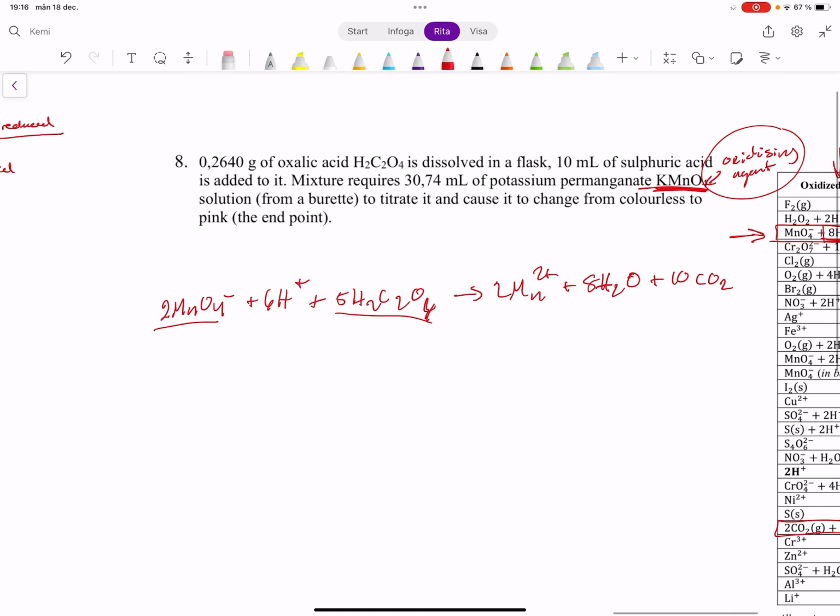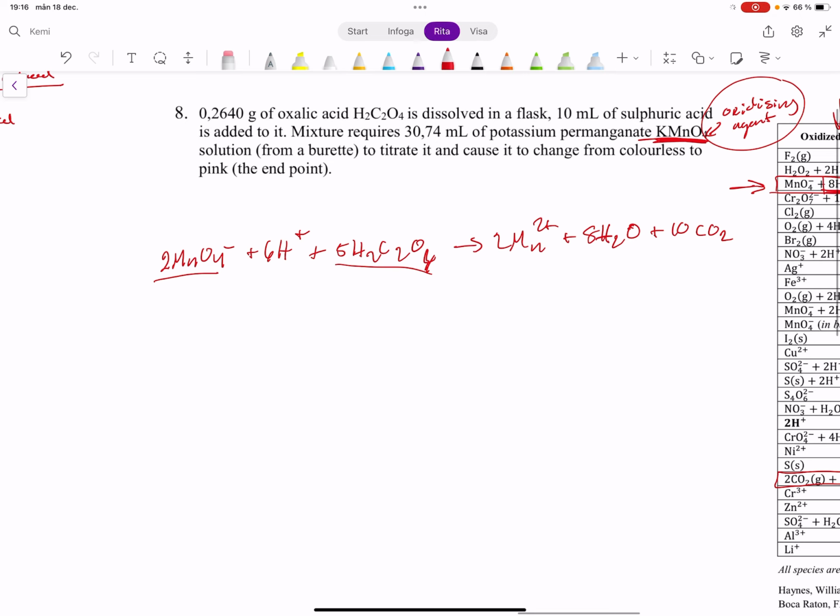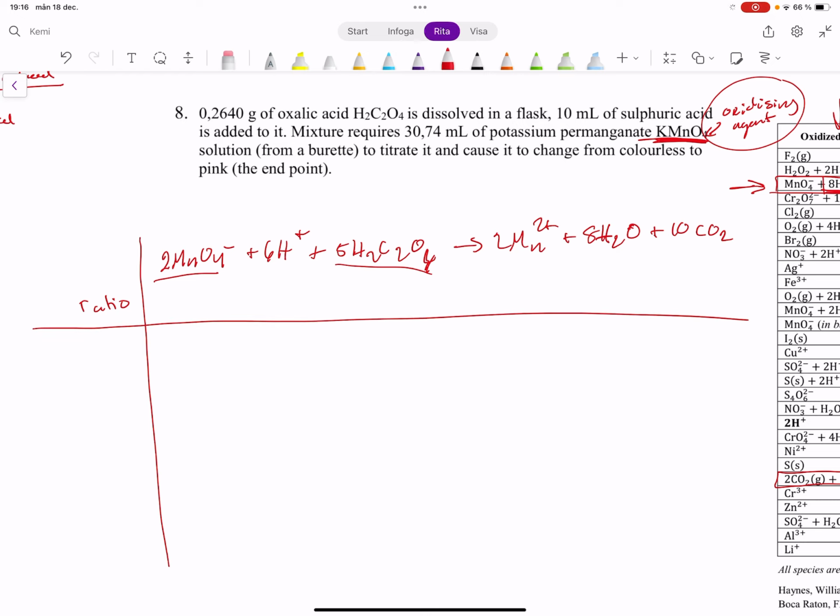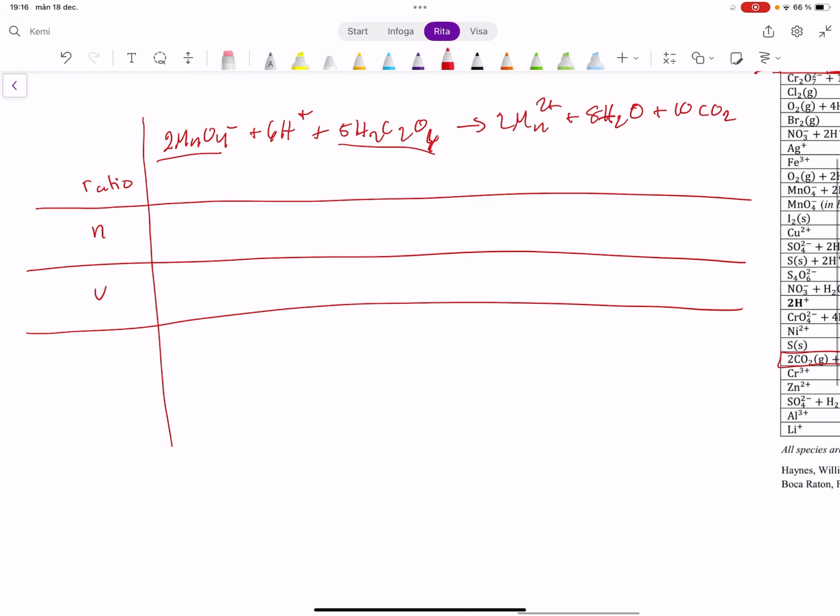This is the easiest way to do these calculations, and you will never fail if you do it this way. So what you have to do is write a table here. So you have ratio, and then you have moles, and then volume, and then concentration.